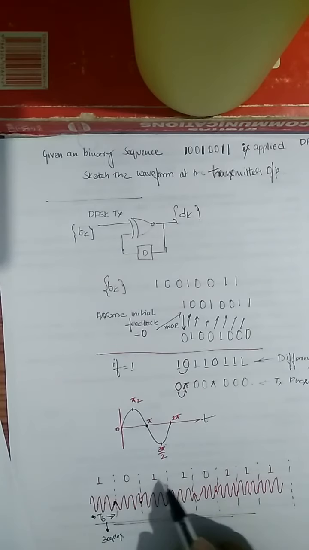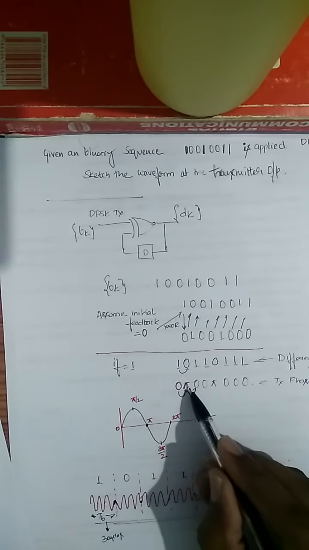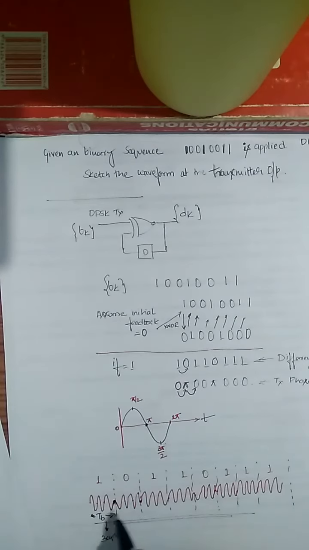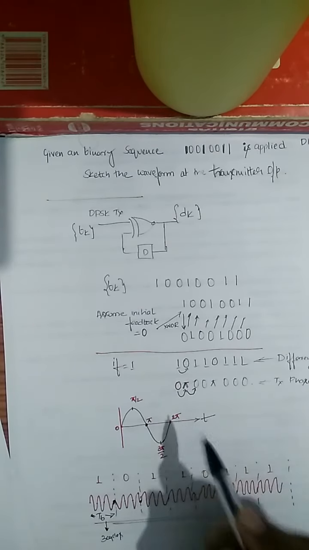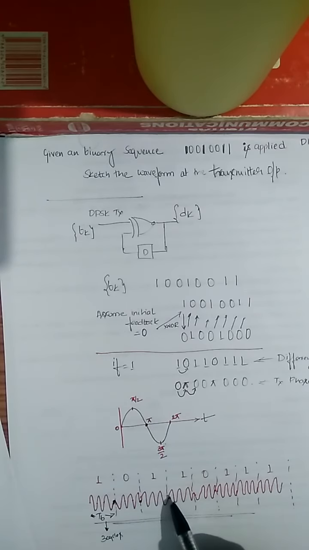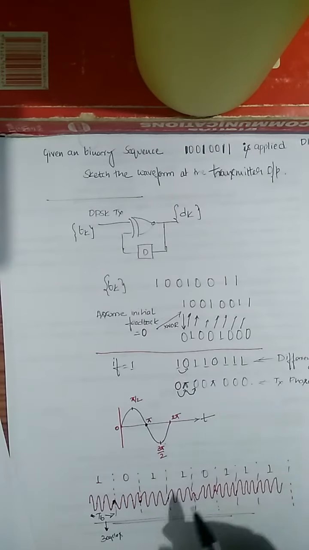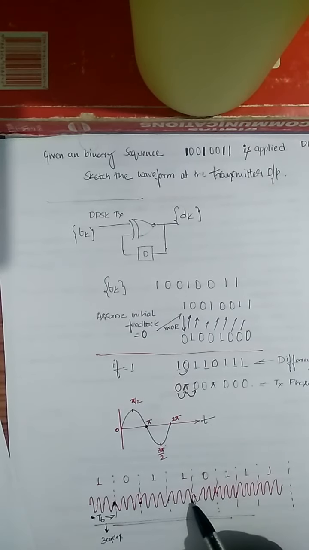If you keep on going from 0 to 1, again there is a phase shift of pi, because that is your actual signal which was previously transmitted. Then in the 3rd time period you have bit 1, where there is 0 degree phase shift, so that signal is transmitted. After this, in the next bit period I again have 1, so there is no phase shift and the same signal continues, and wherever there is a phase shift I have this phase change.